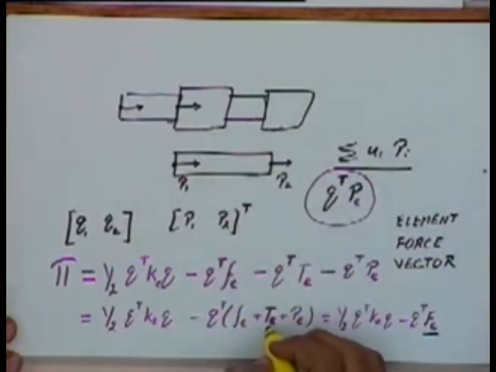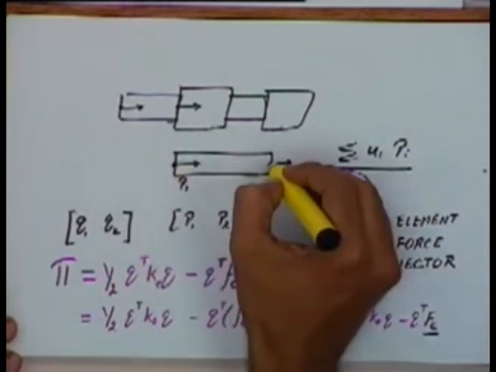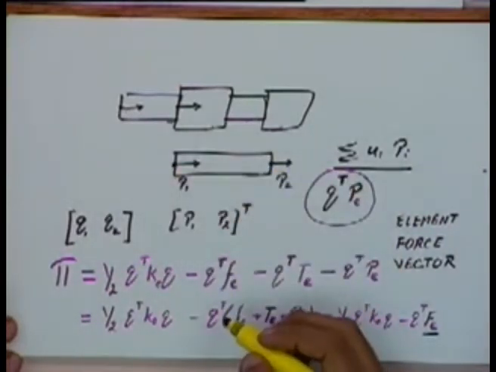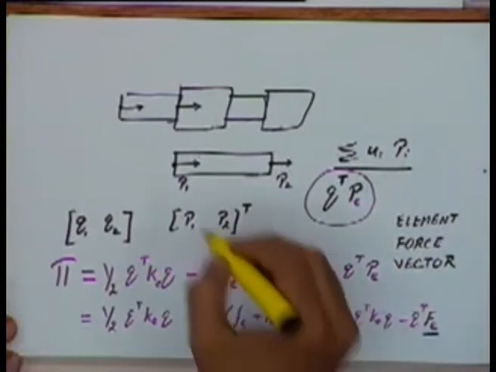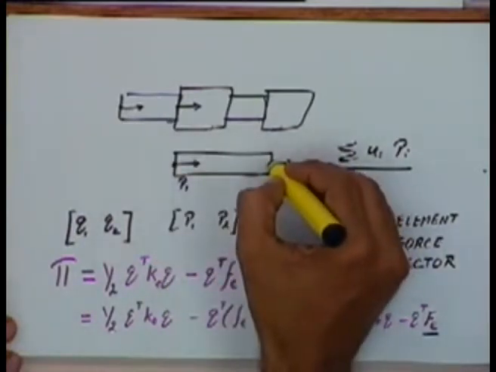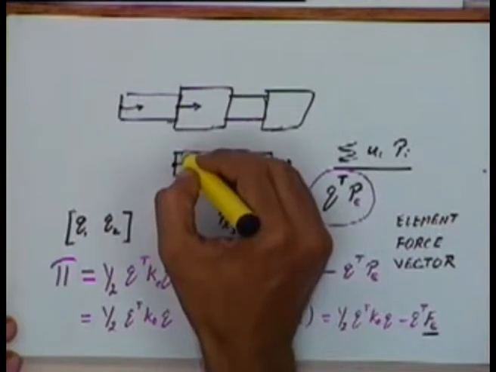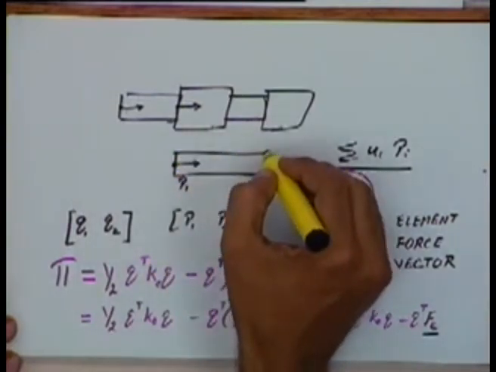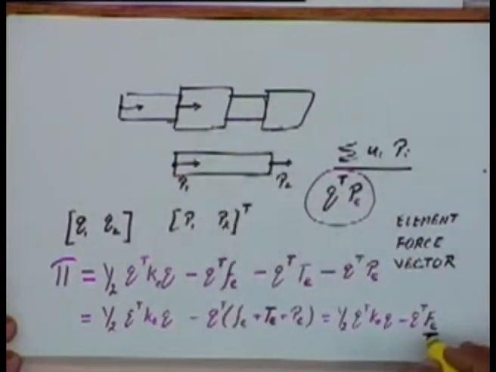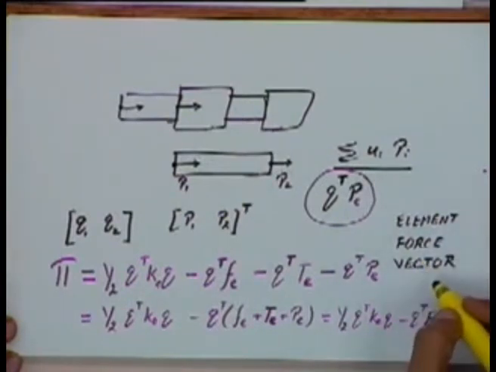Taking the total tractive forces, dividing them into two parts, one part at the first node, the other part at the second node, and taking all the point loads for both the first node and the second node, summing up all the forces on the first node, summing up all the forces on the second node, and making a vector out of that, or a matrix out of that. Okay, this is how we get the element force vector.